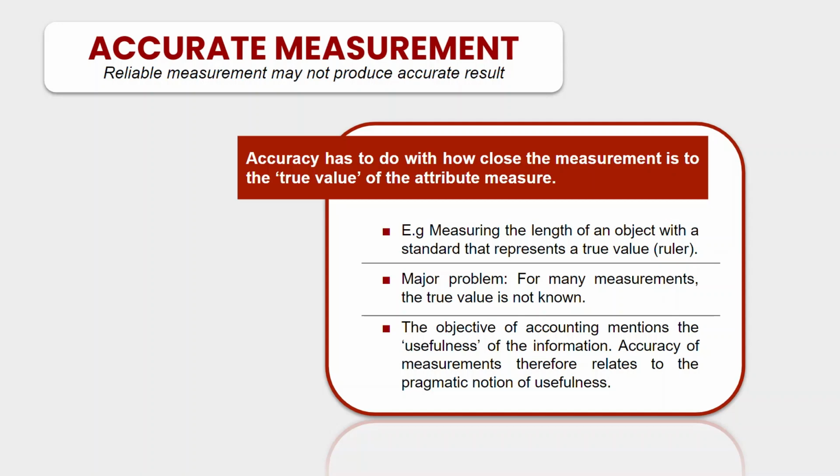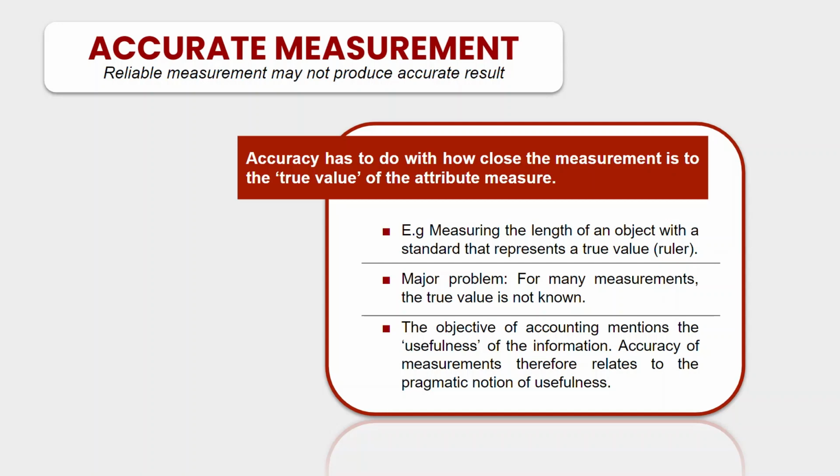Suppose we are measuring the length of an object. It can be done accurately by comparing the object with a standard that represents its true value, which is a ruler. Now the problem in accounting is that for many measurements, the true value is not known.